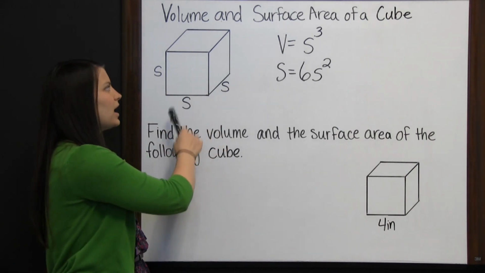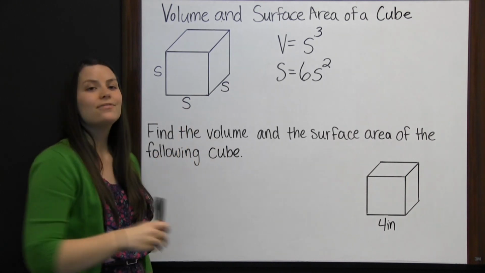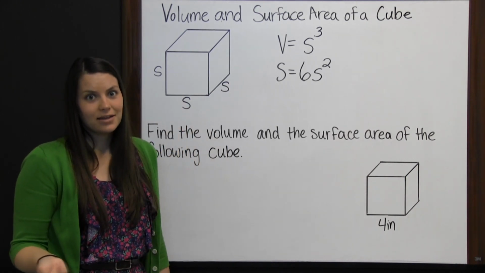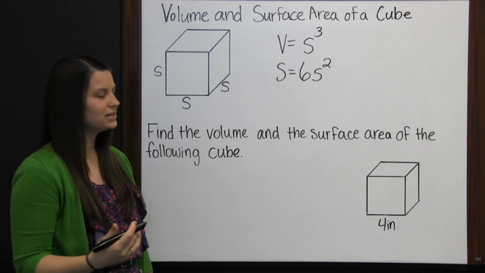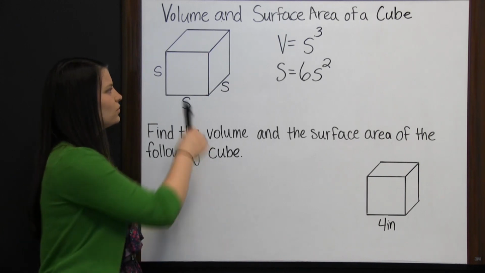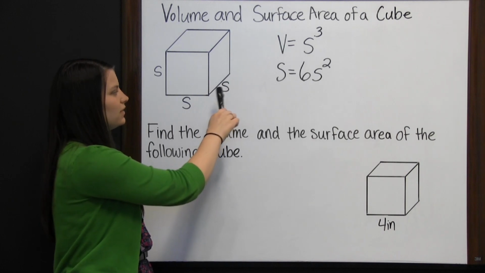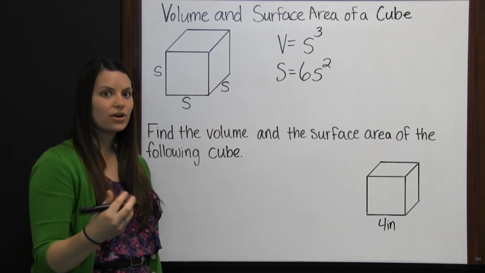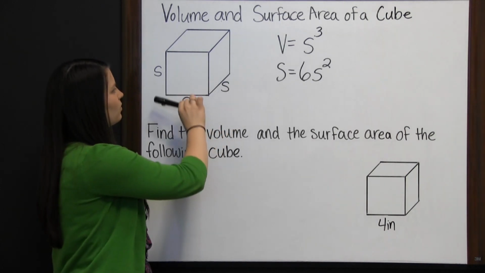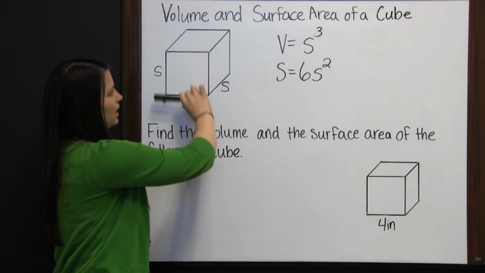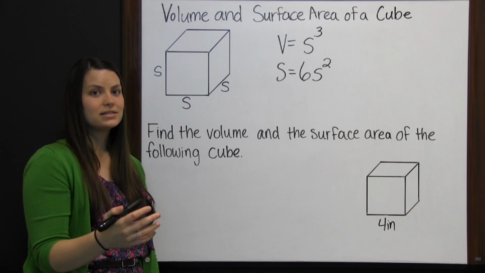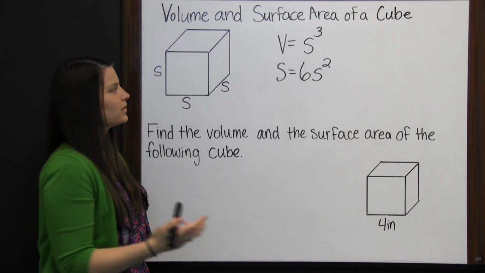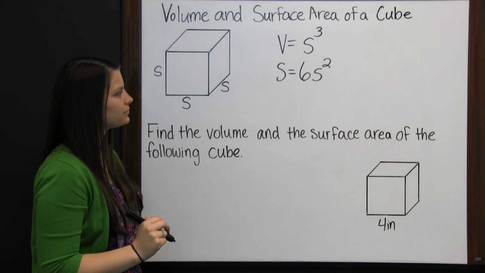So instead of length, width, and height, everything's just S. It's all just a side because all the sides are the same. When you multiply side times side, that's side squared, an area of the base, and then multiply that times side again, or the height of the cube. Side squared times side is side cubed, and that gets you the volume.